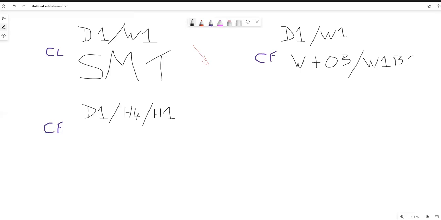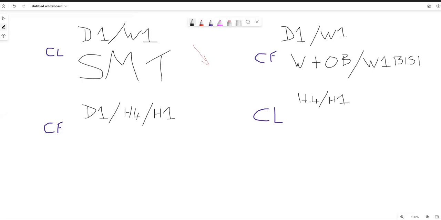So your higher time frame is coming from a D1 or a weekly as a confirmation, and then your confluence is coming from maybe a 4 hour or 1 hour or whatever time frame you choose.